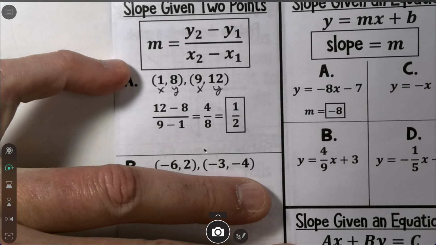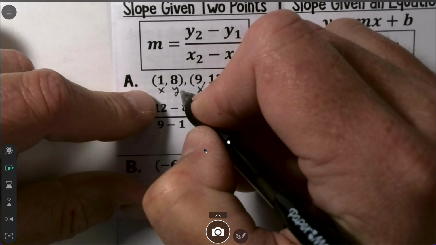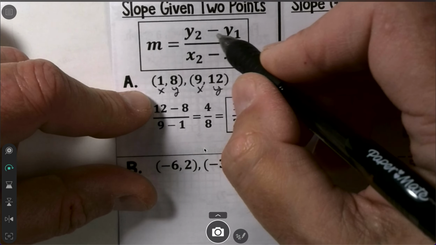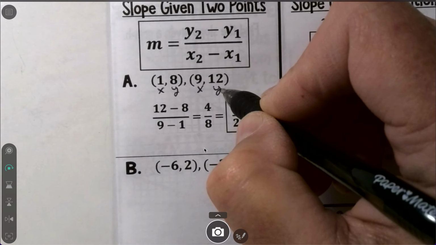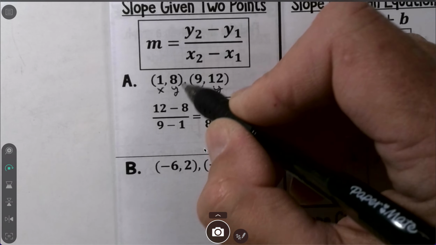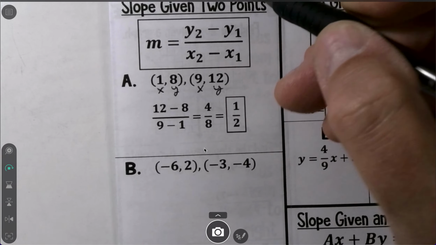How do I know which one's x1 and y1 and which one's x2 and y2? X always comes first and y always comes second. And as long as I keep things in the right order, y2 comes from this one because they put the 12 first, right? So they put 12 first in the example. Then that means the x2 has to be the 9. I can't flip-flop those, okay?